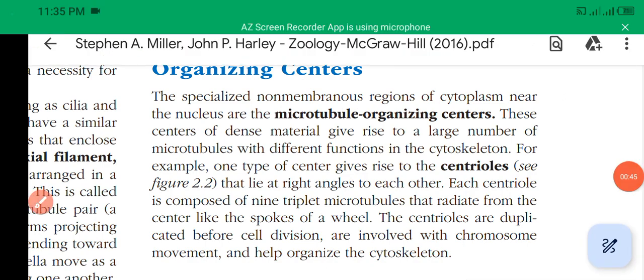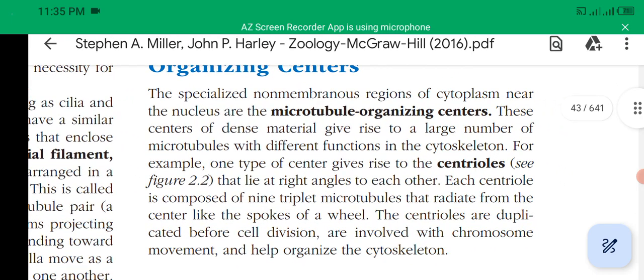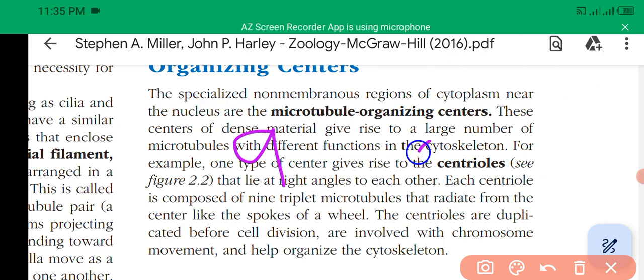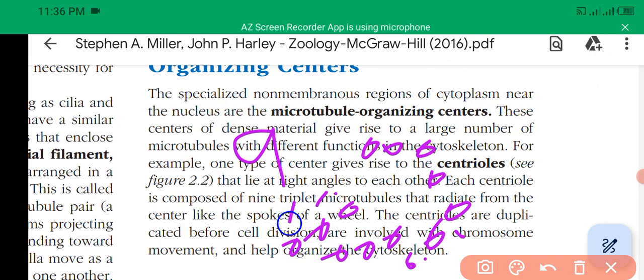They consist of microtubules, made of 9 triplets of microtubules, like 1 2 3, then 1 2 3, nine times.